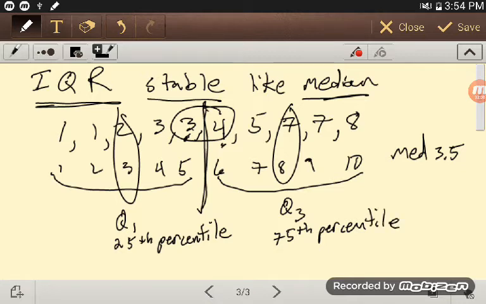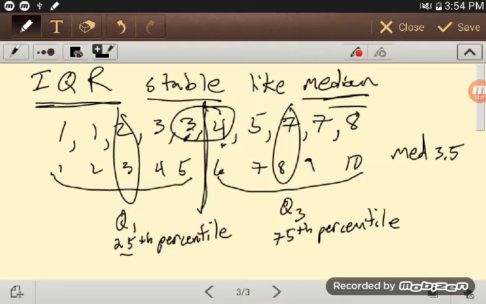In other words, about 25% of the data is above that and 75% is below, and down here, 25% of the data is below and 75% above. And the median is the 50th percentile.